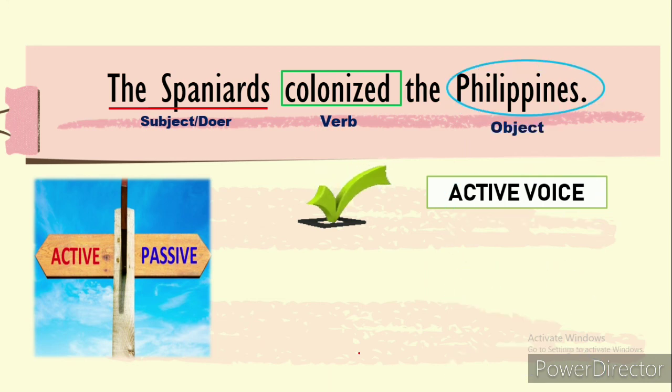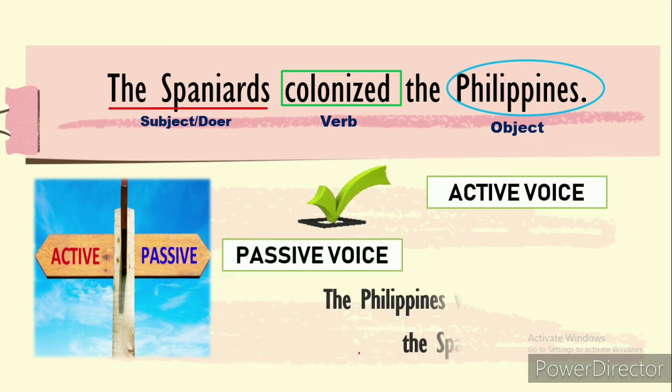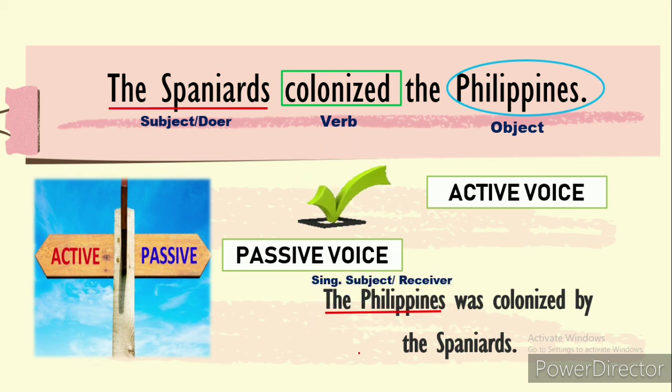Now let us transform this into a passive voice. The Philippines was colonized by the Spaniards. The Philippines is a singular subject and the receiver, not the doer of the action, was colonized, which is a singular verb phrase, and the Spaniards as the doer but not the subject.